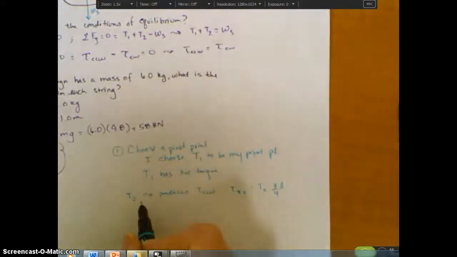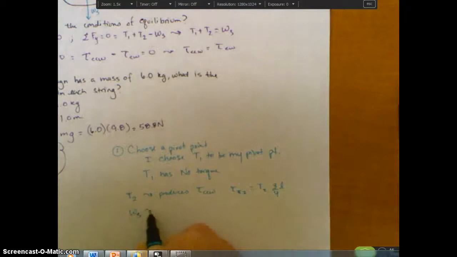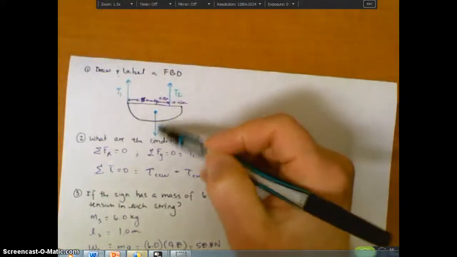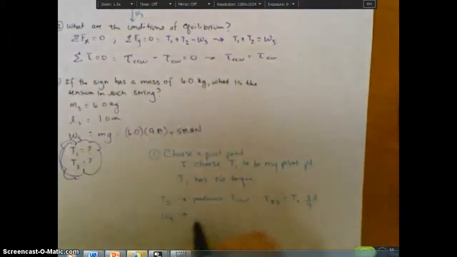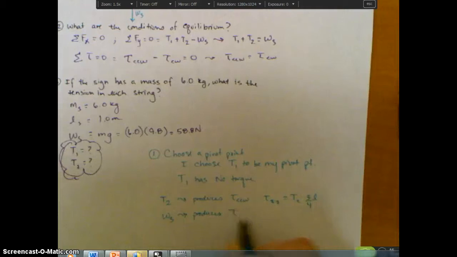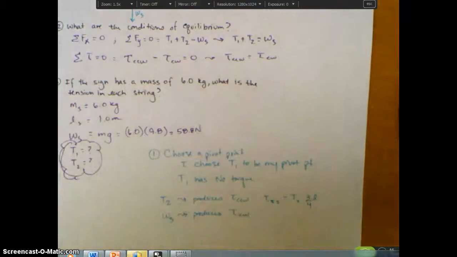Now the weight of the sign also produces a torque. In which direction does it pull? Well, it pulls the sign in a clockwise direction, so it produces torque in the clockwise direction.